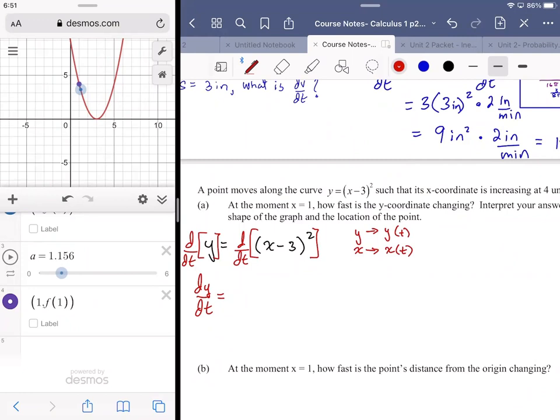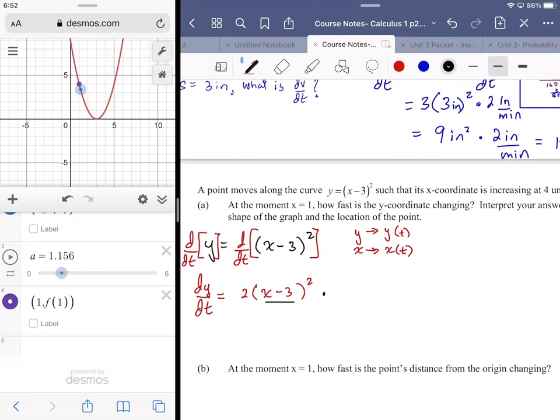All right, so there's a lot of different possibilities, but bottom line is we're going to take the derivative of this. So 2 parentheses, it's classic chain rule, x minus 3, the quantity squared. Then we take the derivative of the inner function. The derivative of the -3, that's going to go away because derivative of -3 is equal to 0. But the derivative of the x, that's with respect to time.